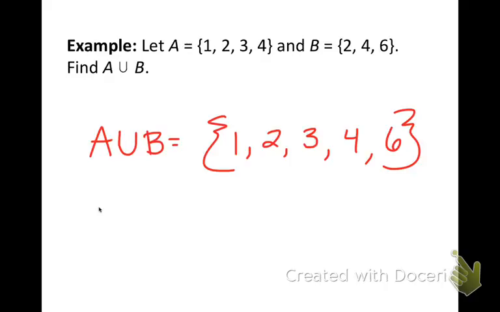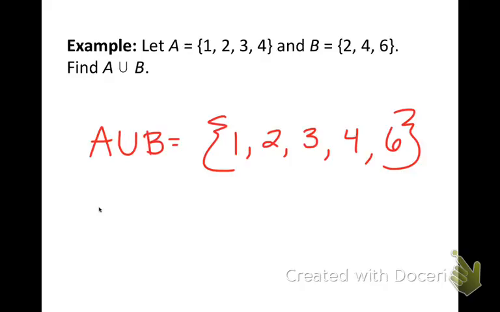So that would be the union of the two sets. Basically, you add all the numbers together, and you don't write 2 or 4 twice because it happened twice. So you're just writing every single element inside.